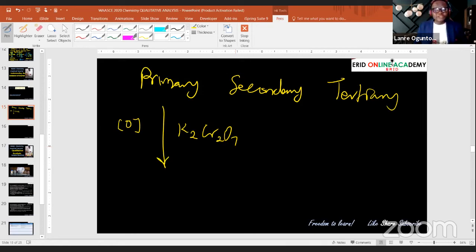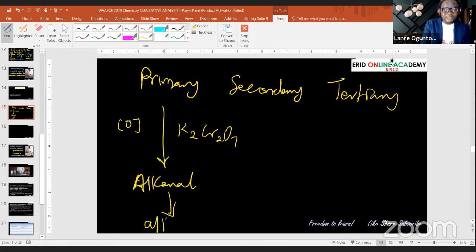If you add potassium dichromate to a primary alcohol, it's going to oxidize the primary alcohol to alkanal, and then from alkanal to carboxylic acid, that is alkanoic acid.